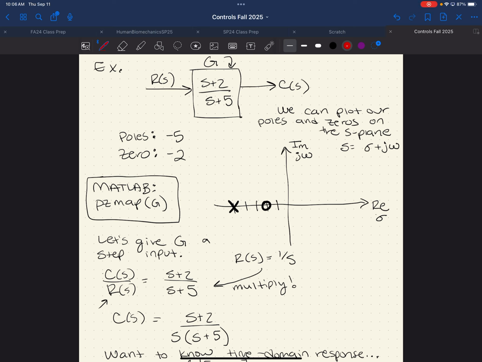Okay, so I said I want you to remember one thing from this class 5 years from now. What was it? State space. State space form. This is the second thing I want you to remember 5 years from now. Right half plane poles, bad. Okay, two things. I'm going to come and find you in 5 years. No, I'm not. That'd be creepy. I'm going to come find you in 5 years and ask you about.